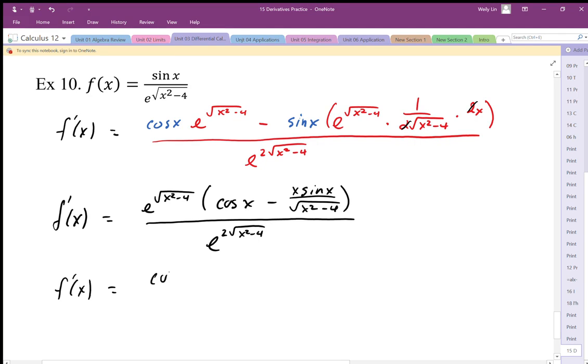So we end up with cos x minus, and just double checking this, I have sine x times x in the numerator and the denominator, yes. So x sine x over square root x squared minus 4, and then this just becomes e to the root x squared minus 4. And again, here my derivative is here, although I can simplify it to this expression.